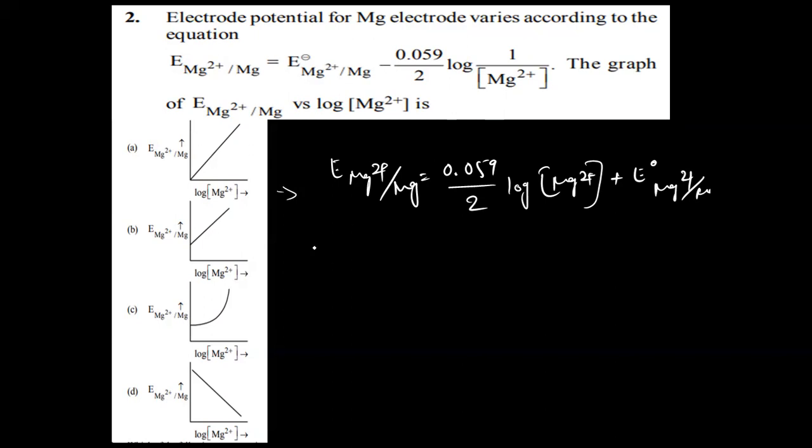And this equation represents the equation of a straight line. Hence, the intercept C is considered as E naught Mg2 plus bar Mg, and the slope is equal to 0.059 divided by 2. Thus, the equation can be diagrammatically represented like this.